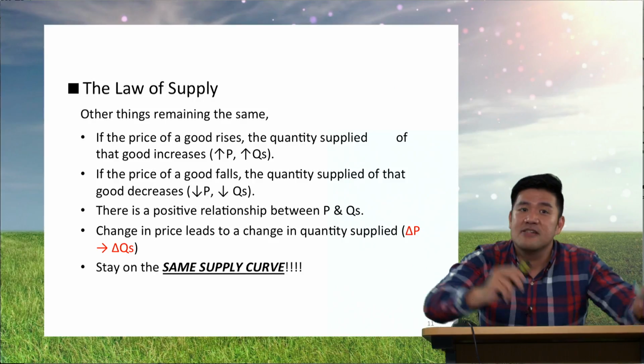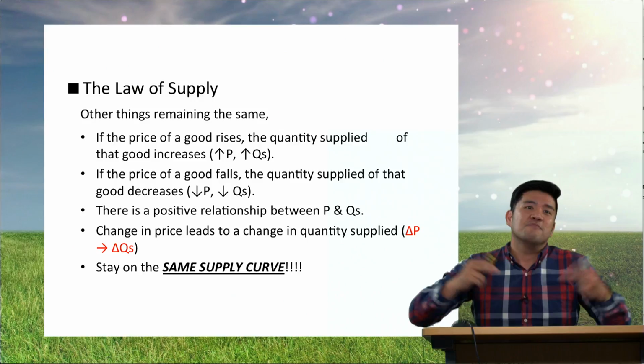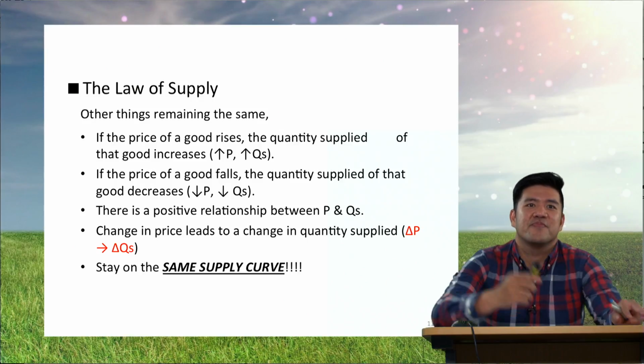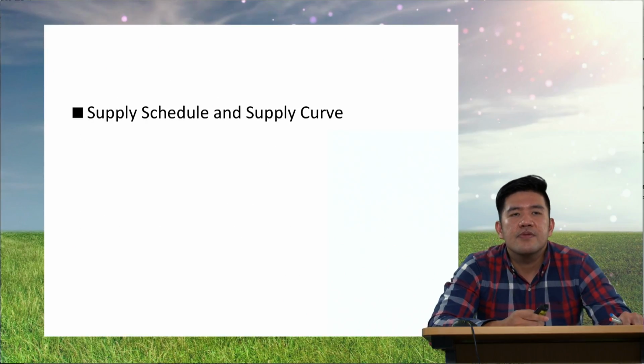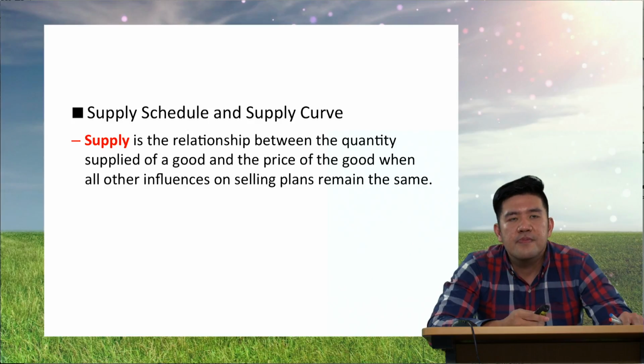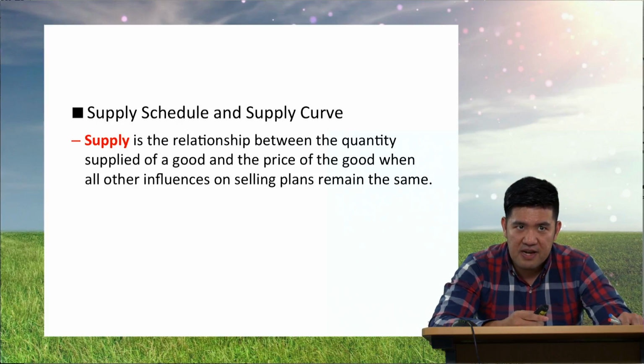Changing the price is just a movement along the supply curve. Supply is the relationship between quantity supplied of a good and the price of the good when all other influences on selling plans remain the same.